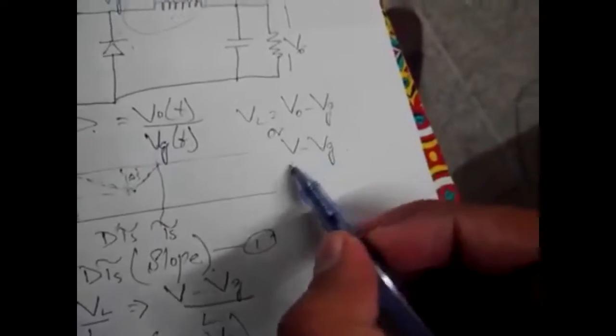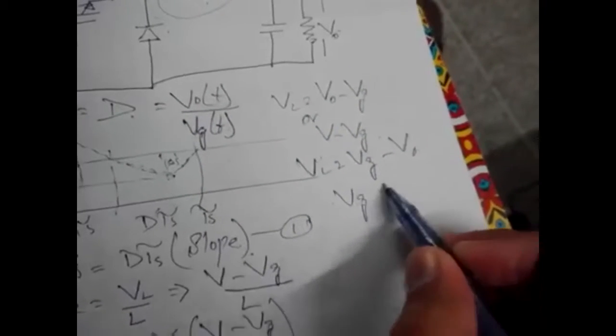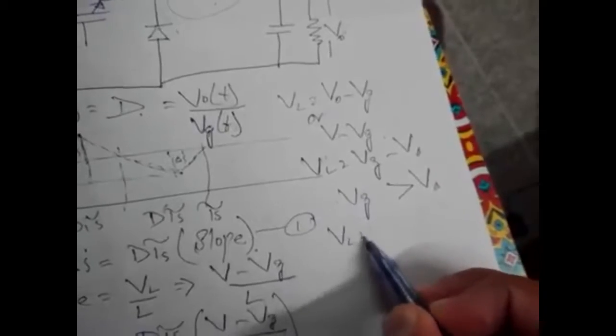A mistake happened here: VL is equal to Vg minus V0, because this is the buck converter, and in a buck converter Vg is always greater than V0, so that's why we get VL equal to Vg minus V0, not this.